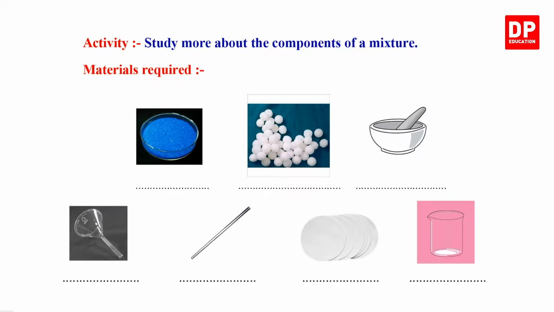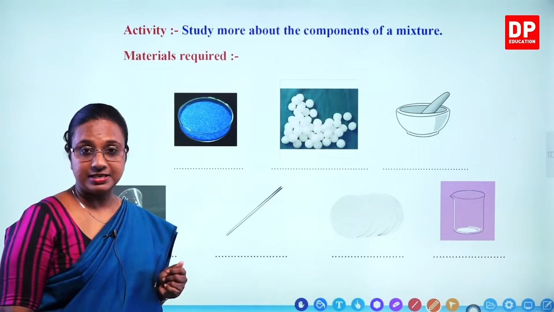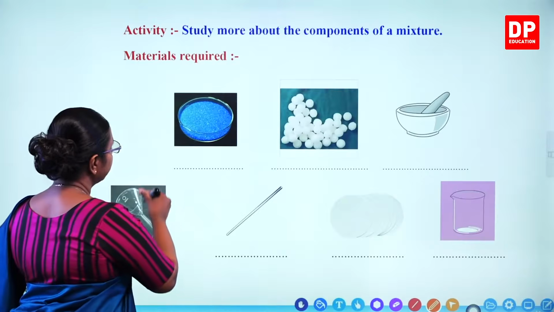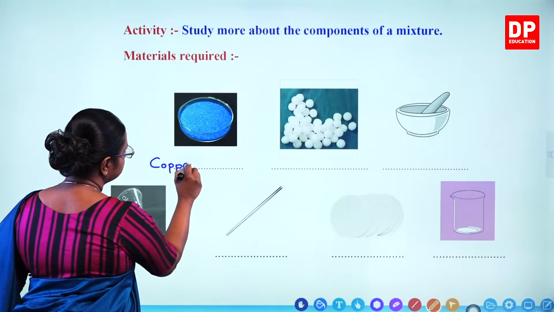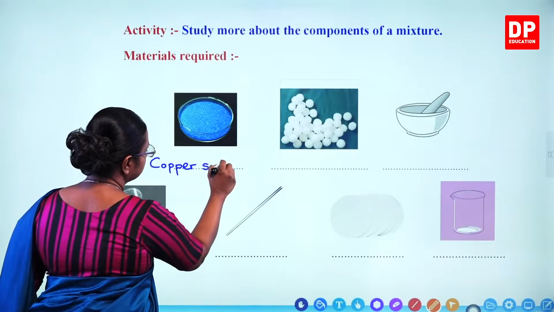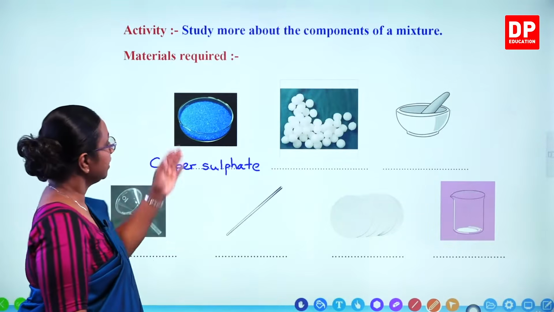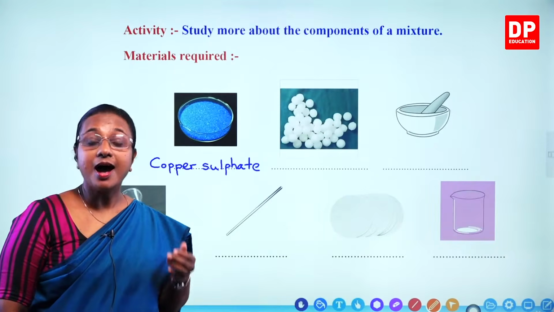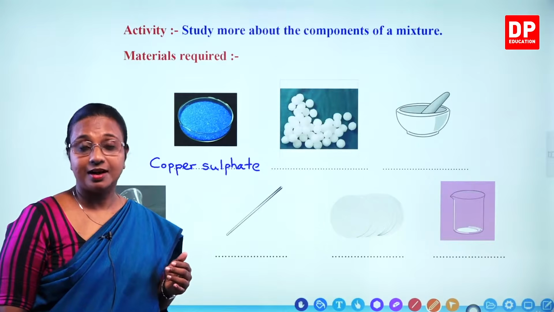Activity: study more about the components of a mixture. To do this activity, we need these materials. The first one here is copper sulfate. As you can see, here we have the hydrated copper sulfate, that is why it is blue in color.